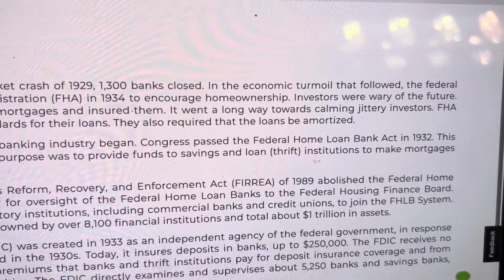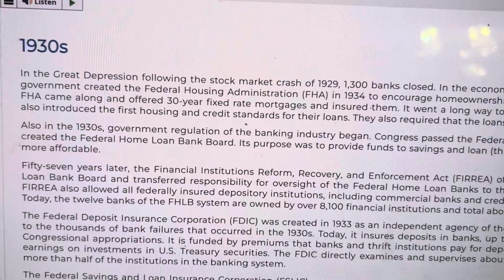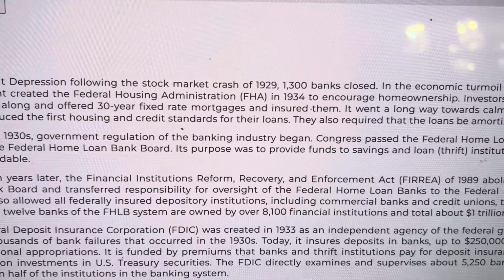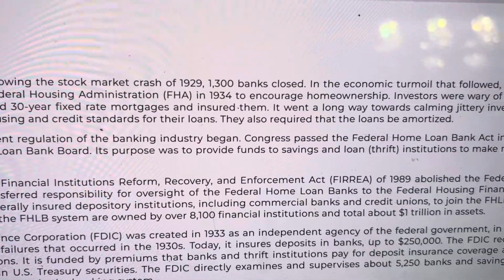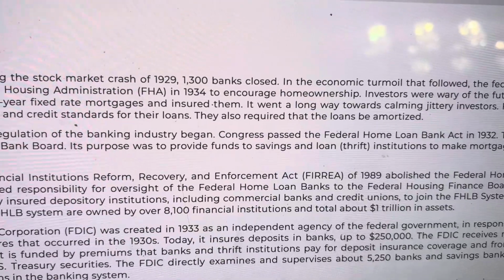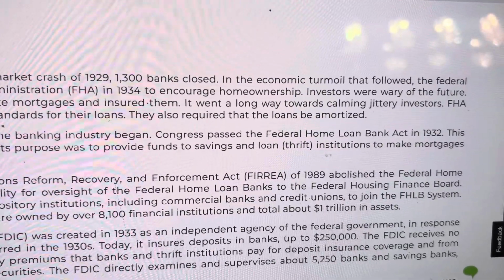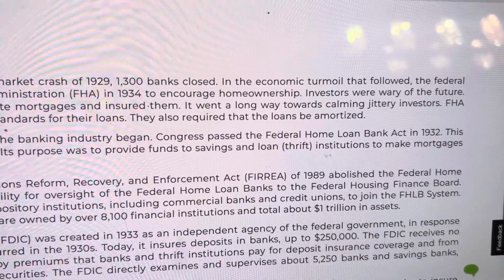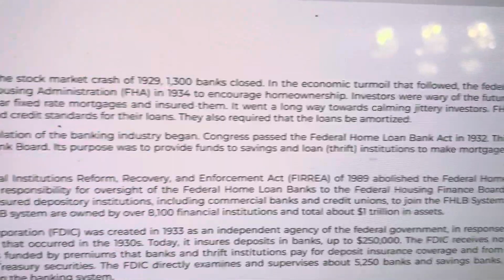Investors were wary of the future. FHA came along and offered 30-year fixed-rate mortgages and insured them. It went a long way towards calming jittery investors.